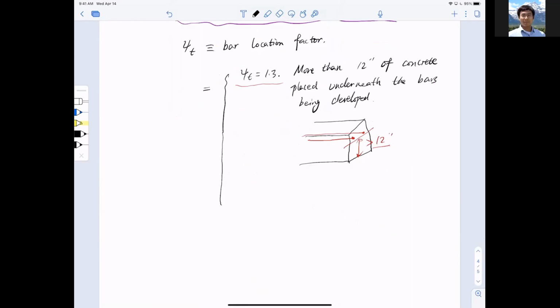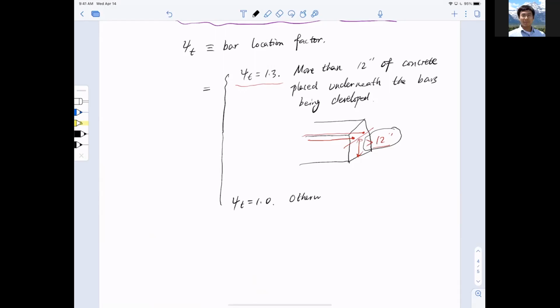So the strength there is different from the bottom of the concrete, where I have a lot of aggregates. If I have such a layering effect due to the pouring, I have to consider that in design. So I have to provide longer development lengths, to be more conservative. In other cases, psi t equals 1.0.